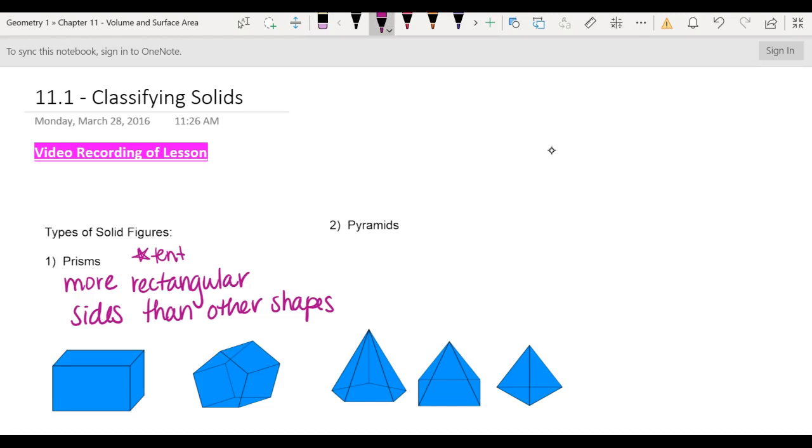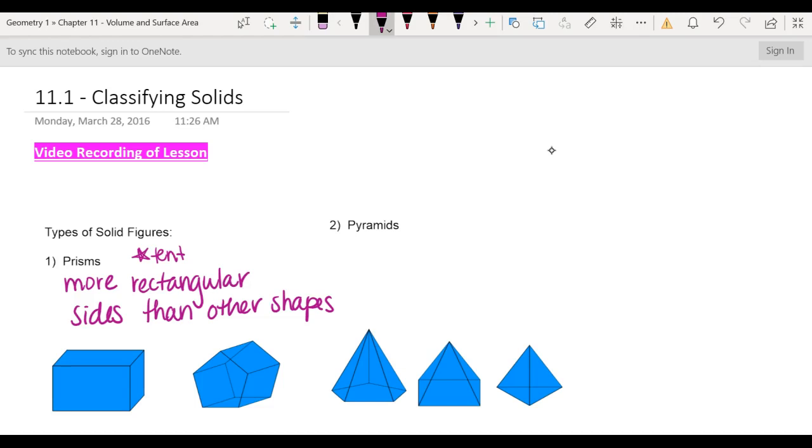Careful of the insides. Those are all pyramids that I just passed around.